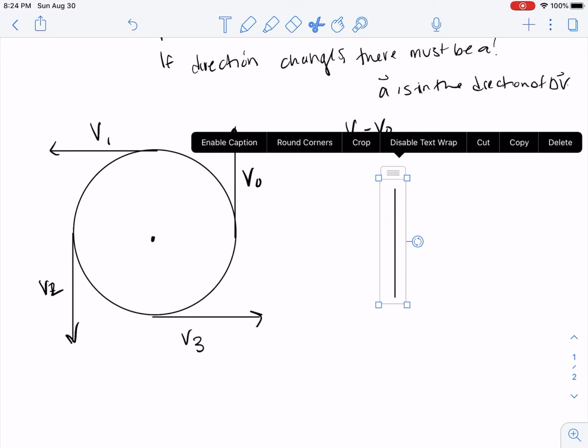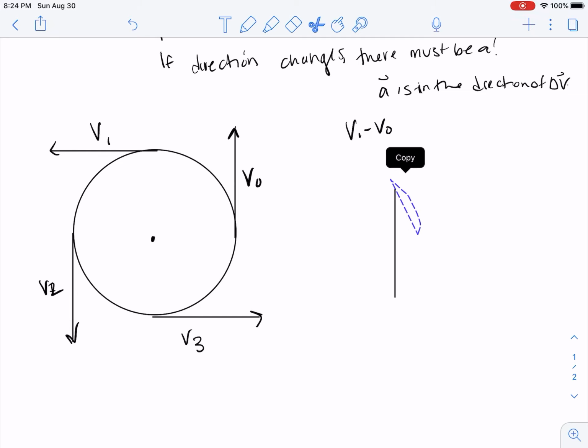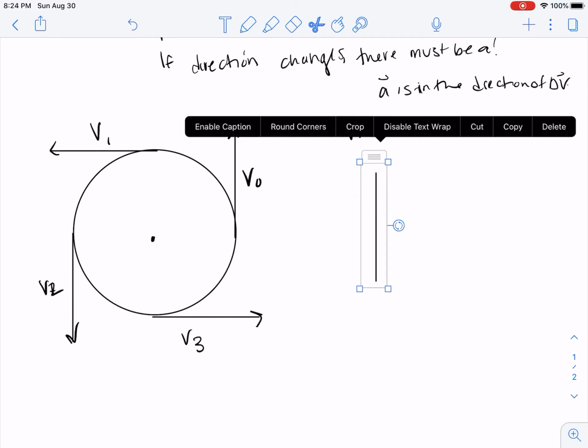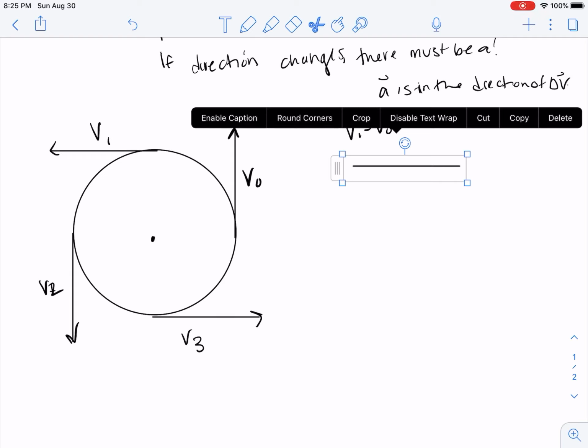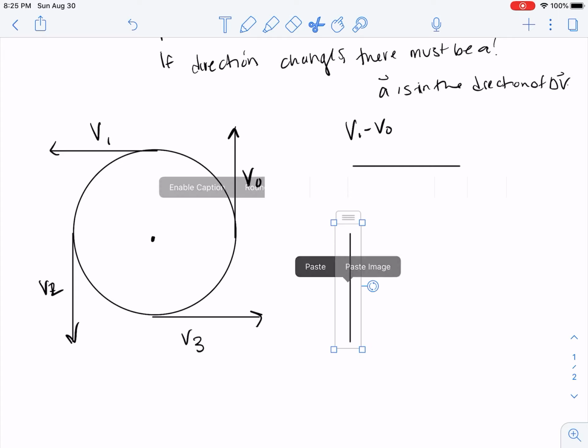v1 is this guy at the top, so we need a perfectly horizontal one. And then v naught, we're going to do a negative v naught, so we need one going in the down direction.